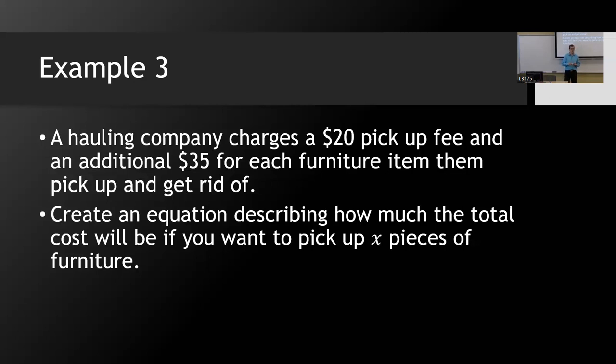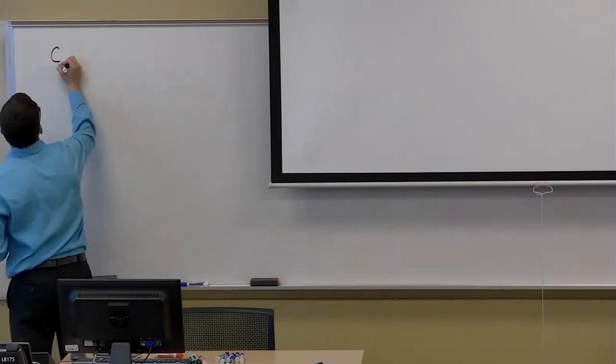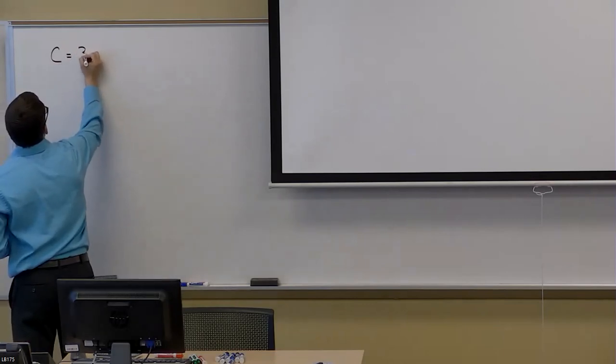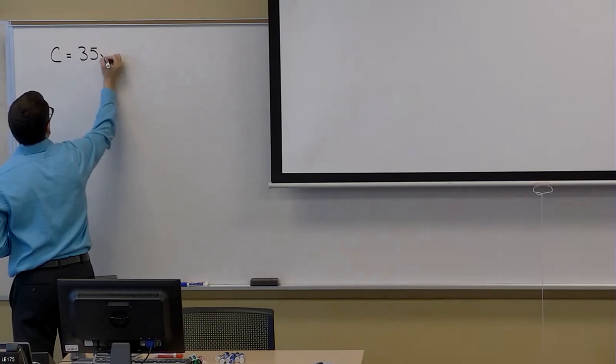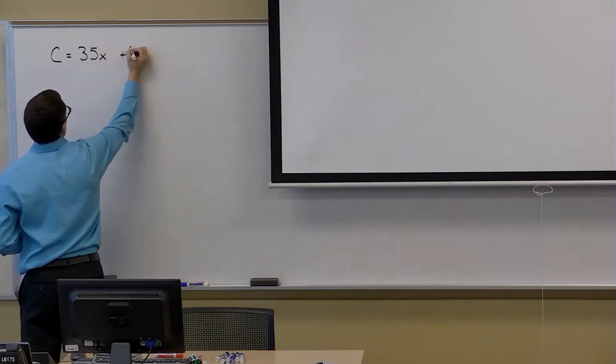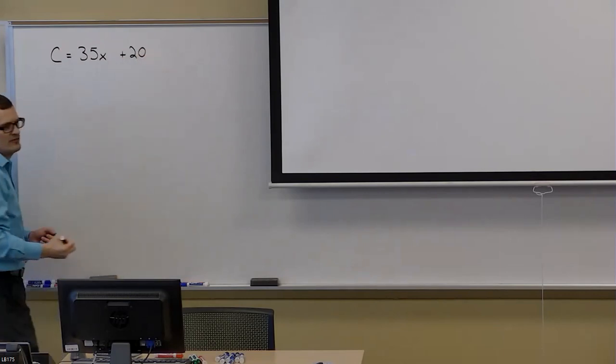If you have 2 items, it's going to be 35 times 2 plus the $20 fee. If you have 5 items, it's going to be 35 times 5 plus the $20 fee. So the cost structure is going to be 35 times however many items plus the $20 fee.